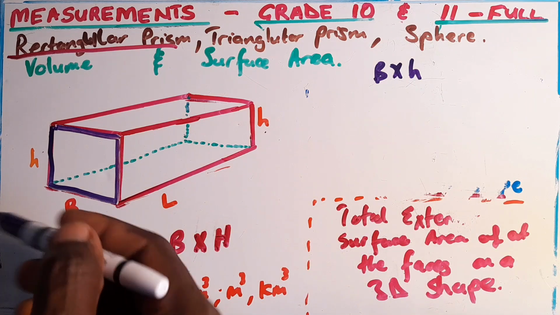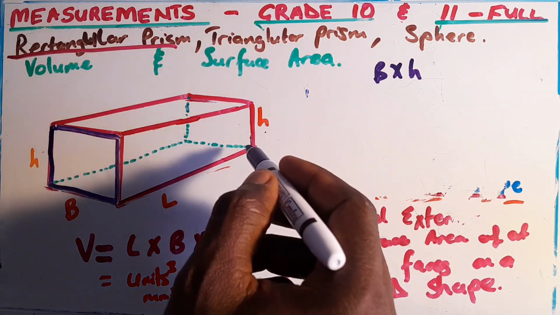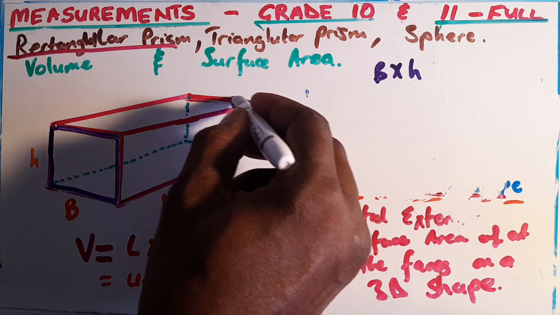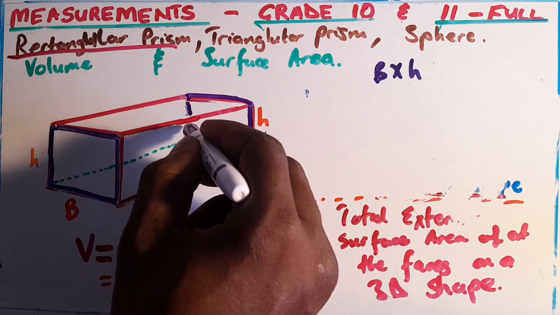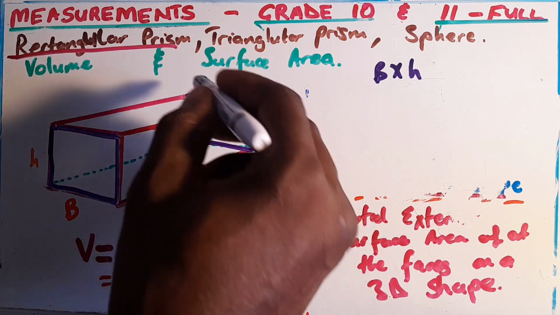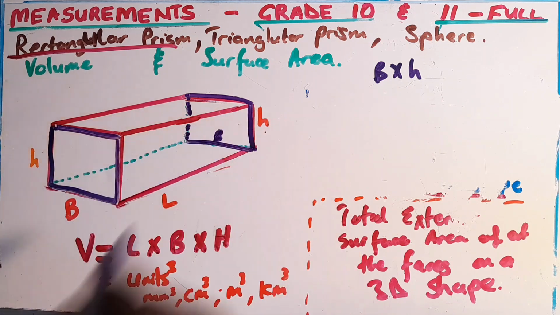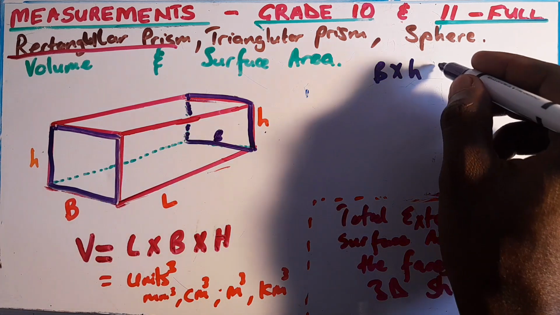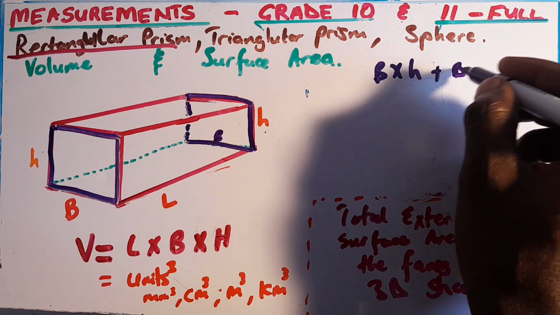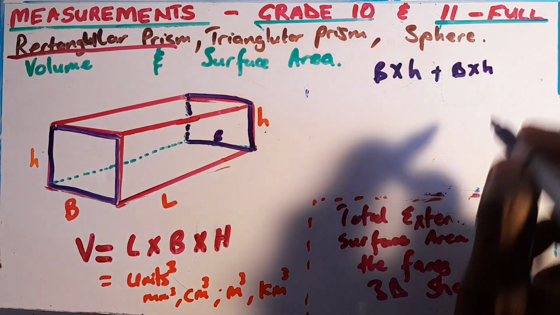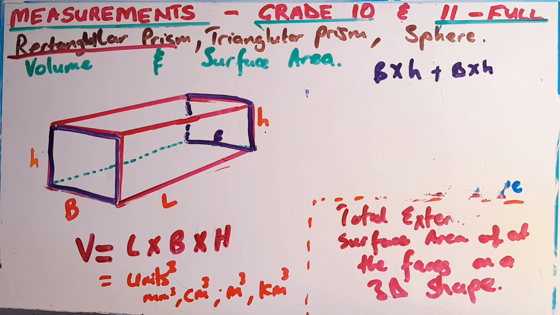If you check also on the other side, this side is also having the breadth and the height. So we're also having another side that has breadth times height. Can you see that?